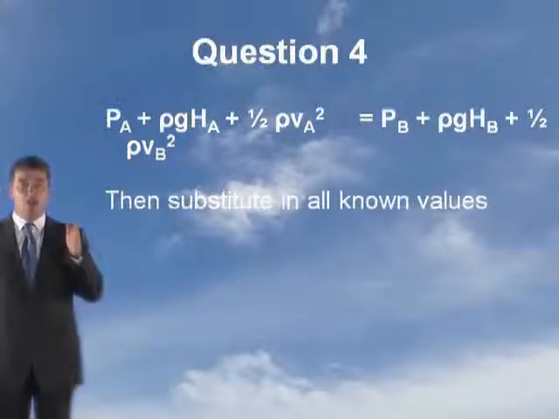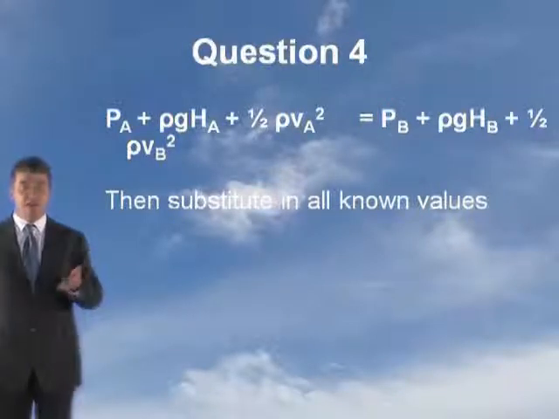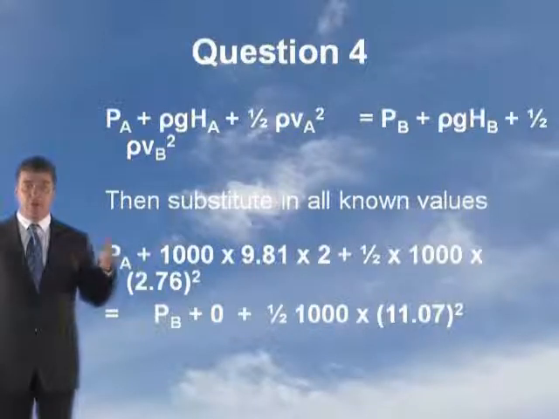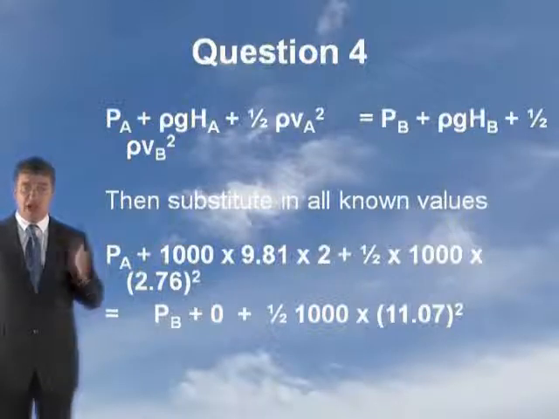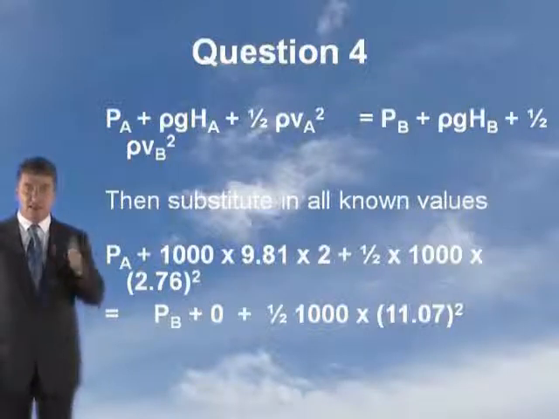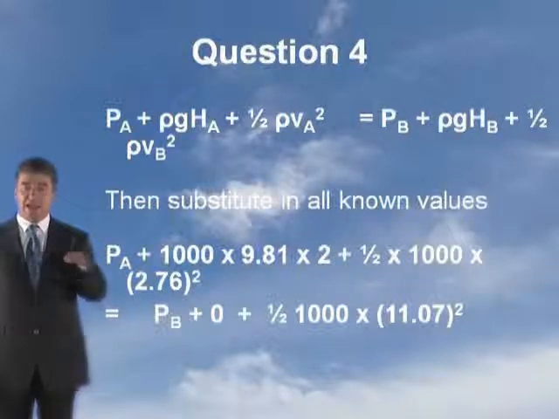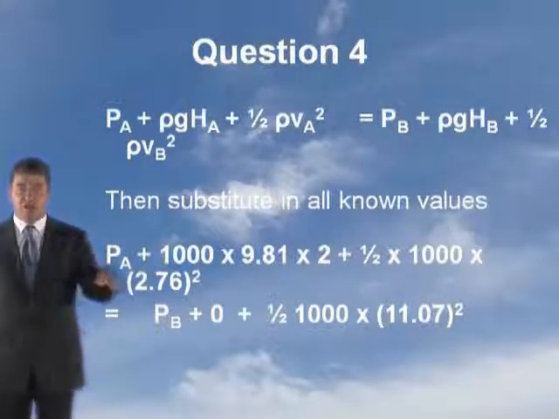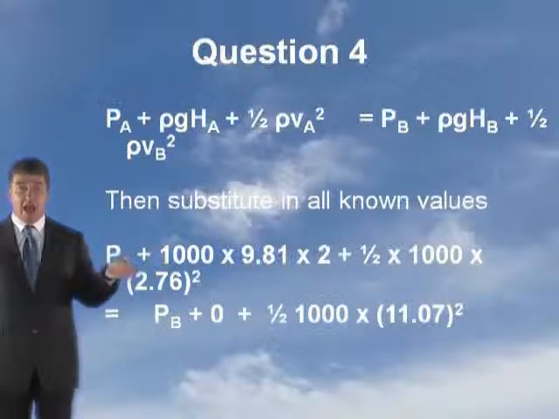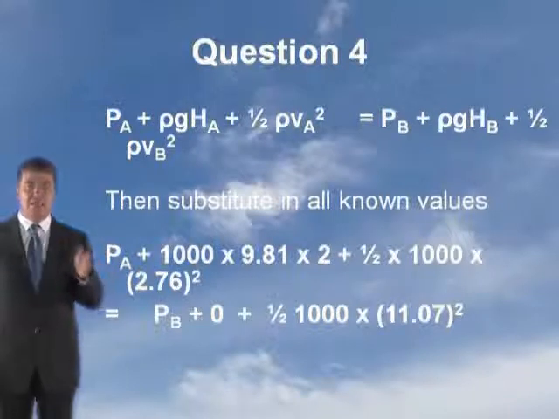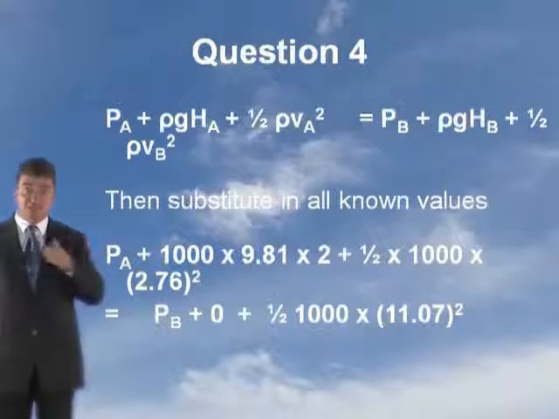Then you substitute in all known values. Giving you this, PA, the pressure energy at A, plus 1000 times 9.81 times 2, plus a half times 1000 times, don't forget the velocity energy is 2.76 squared, equals PB plus 0, don't forget at point B there's no potential energy, plus a half times the density, which is 1000, times, now we put in 11.07, which is the velocity at B, squared.